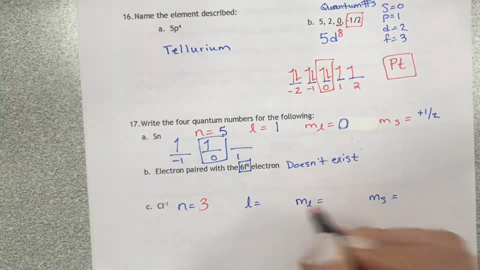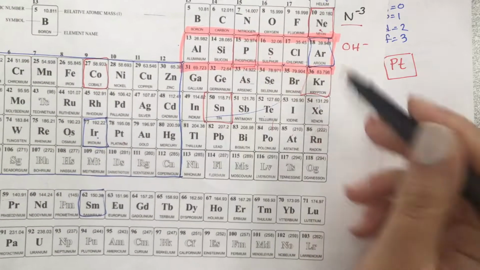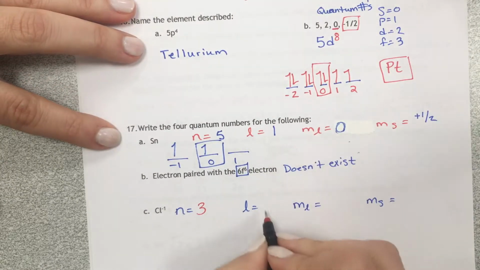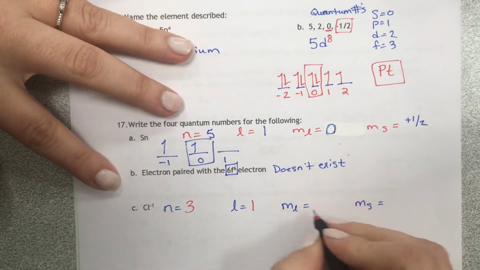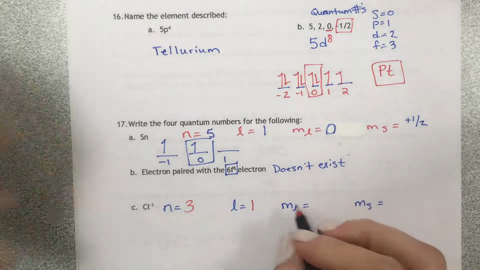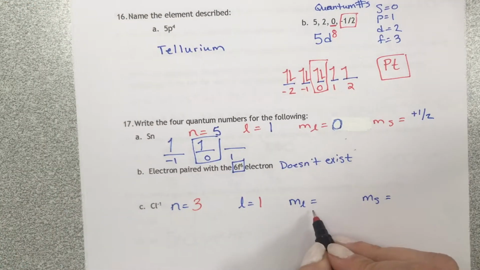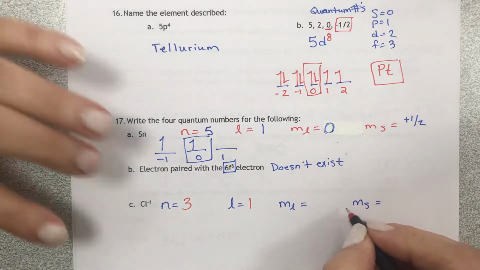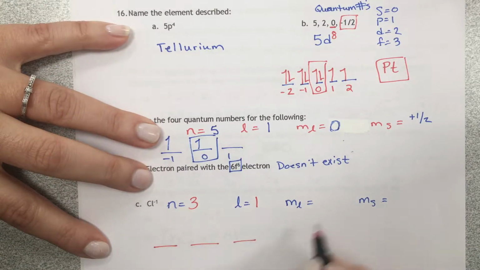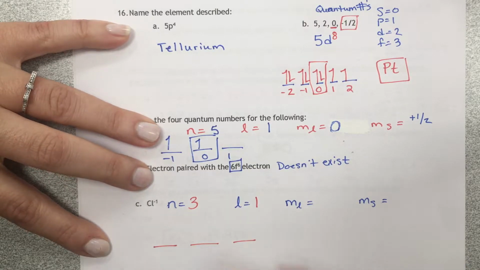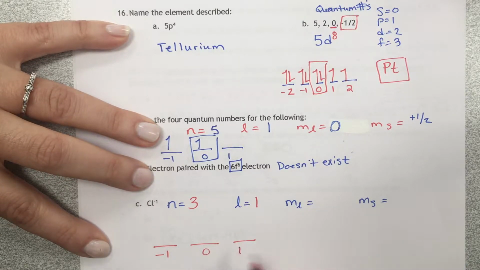Chlorine is in the P block, so l would equal 1. m sub l, okay, would be the -1, 0, +1. If you don't like doing that and then circling the one you choose, do this.